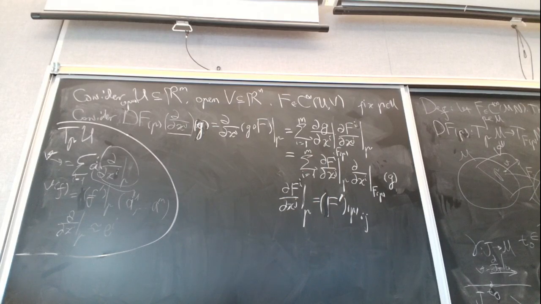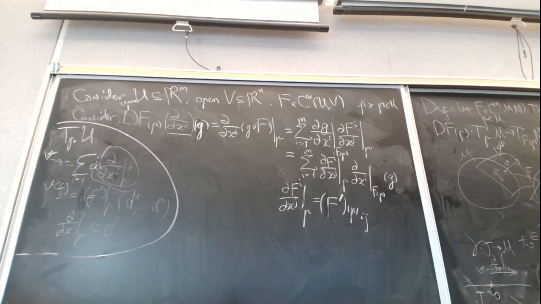So we showed that right now just for open sets Rm and Rn. If we look at f of p applied to partial xj, applied to some function g, that should be some sense of taking a derivative.